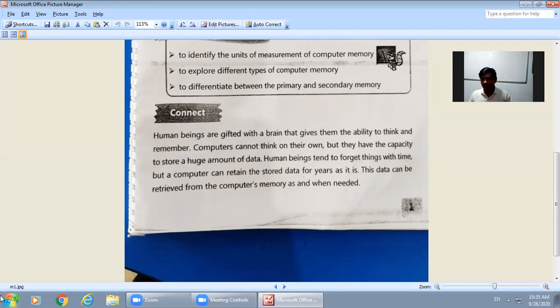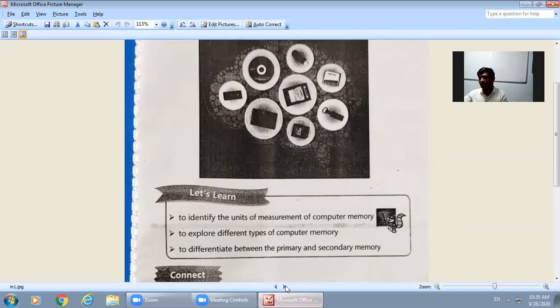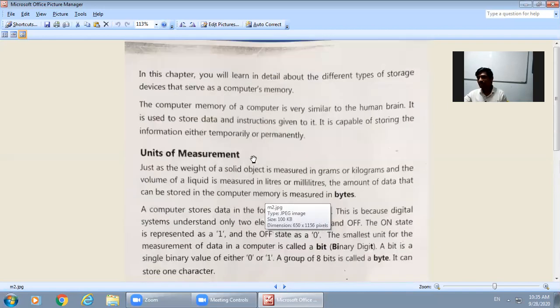We have the ability to think and remember, but a computer cannot think on its own idea. A computer has the capacity to store a huge amount of data, but depends on human beings, not on itself. So it is important to know there are different types of memory in a computer and what is needed, all these things we can see.